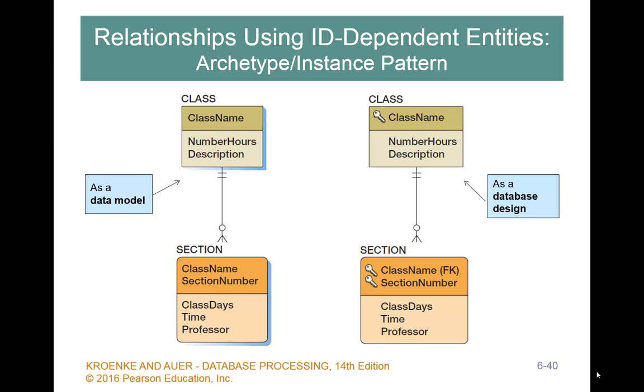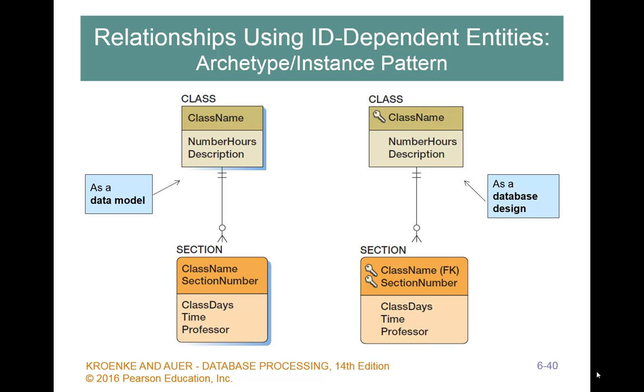Same thing with our archetype instance. We're going to be using the same type of concept in regards to transforming that data model into a database design, where notice the same type of relationship, because it's an identifying, ID-dependent type entity.